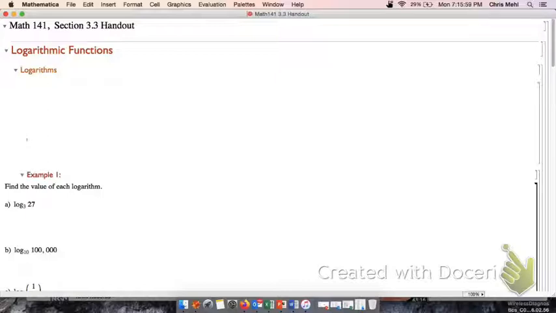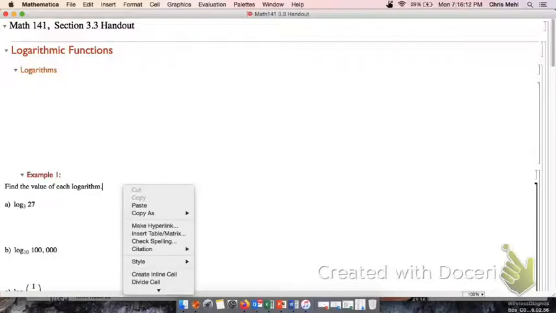So first of all, before we actually talk about logarithmic functions, I want to talk about logarithms, and I'll explain in just a moment where this comes from. Many of you maybe have seen this before, you may not. But if I want to find the logarithm base b of a, b here is what is called the base.